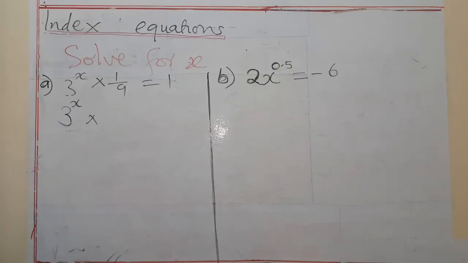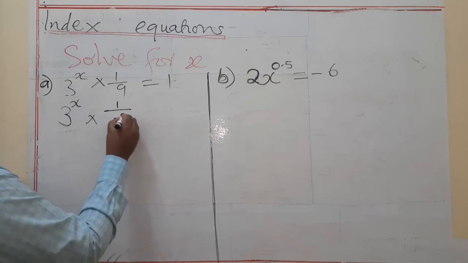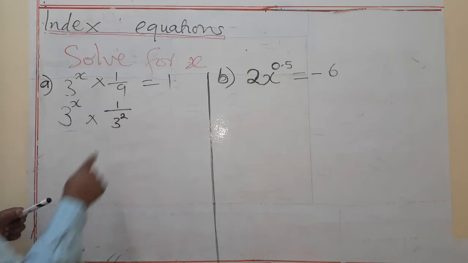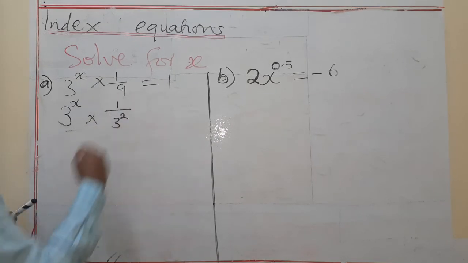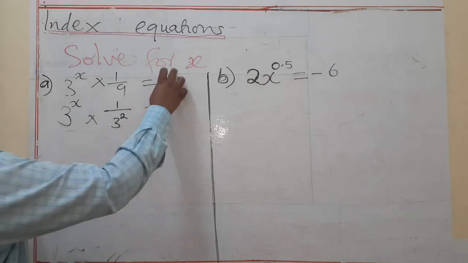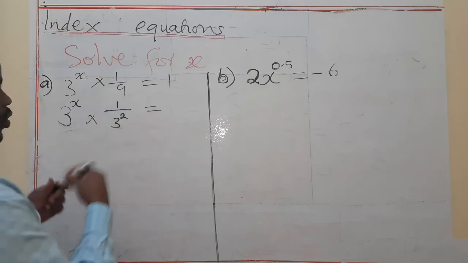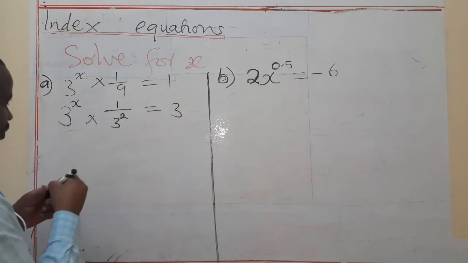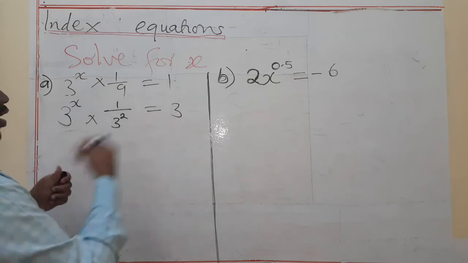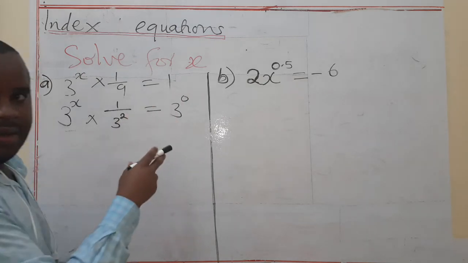We can have 1 over 3 to the power 2 first, because 3 to the power 2 is 9. How can we have a 1 if our base is a 3? It must be power 0, because any number to the power 0 apart from 0 itself is 1.